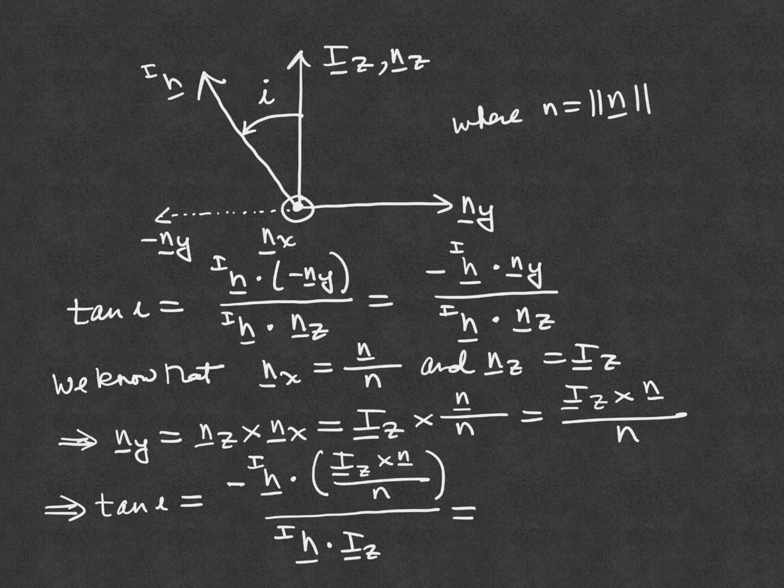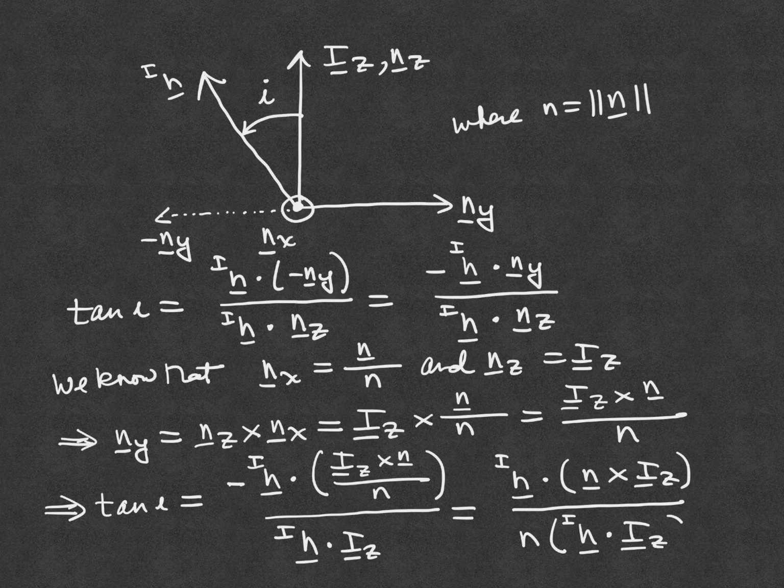First, I'm going to multiply the numerator and denominator through by the scalar n. The second thing is I'm going to get rid of the negative sign by flipping the order of the vector product, so iz crossed with n becomes n crossed with iz. When I do all that, I wind up with hi dotted with n crossed with iz, divided by n times hi dotted with iz.